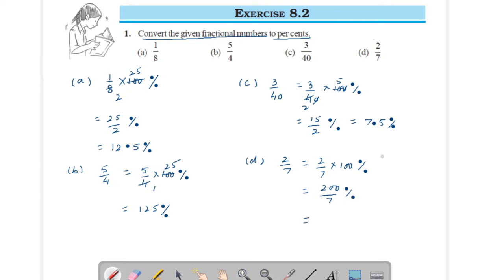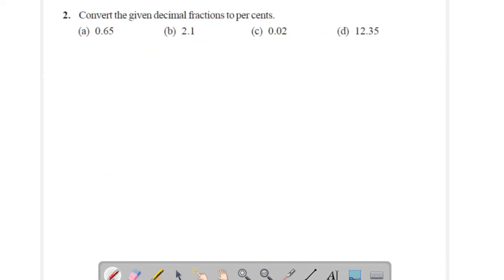Or in mixed fraction you can say 28 4 upon 7%. This is your answer.